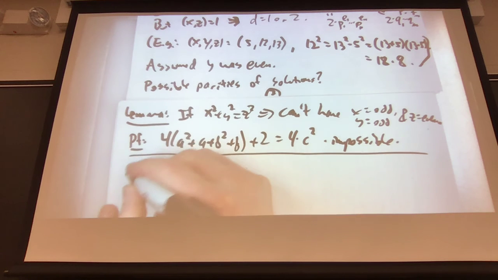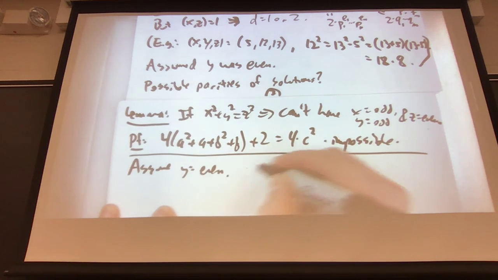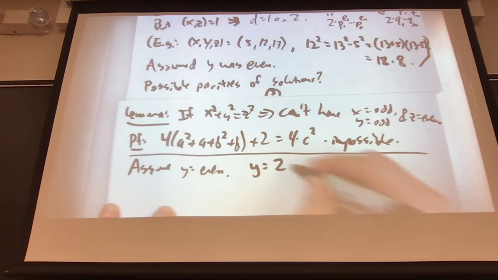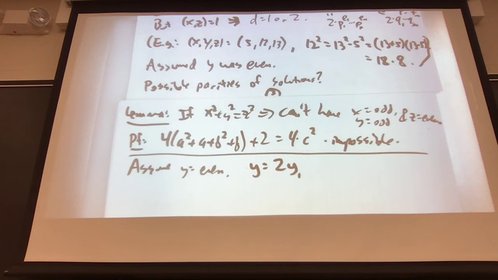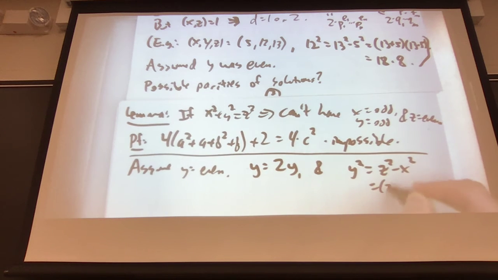So assume y is even, then y is equal to 2 times, let's just call it y1, so we remember. If you start using a's, b's, and c's, then you don't remember where it came from. And y squared is z squared minus x squared, which is z plus x times z minus x. And y squared is 4y1 squared.